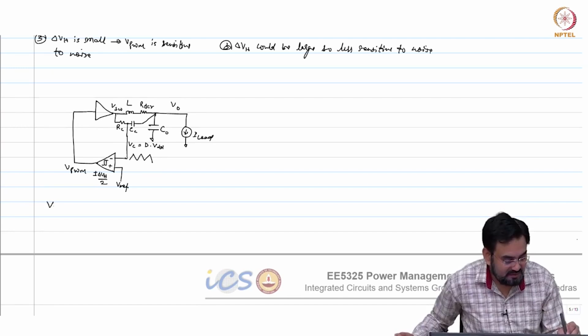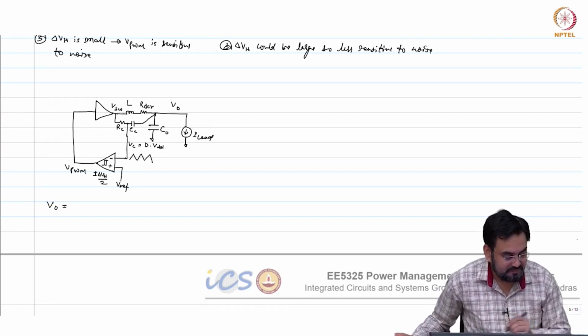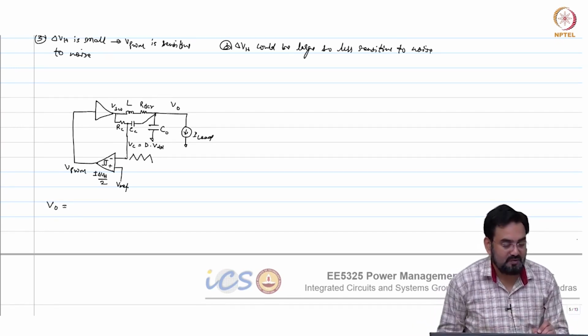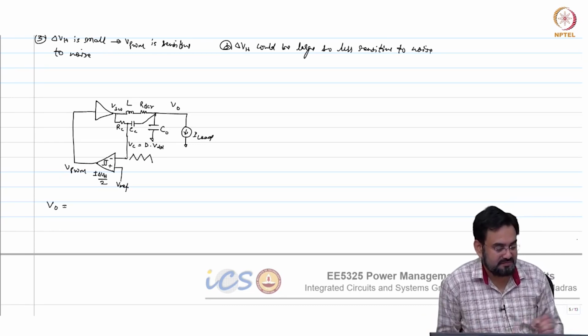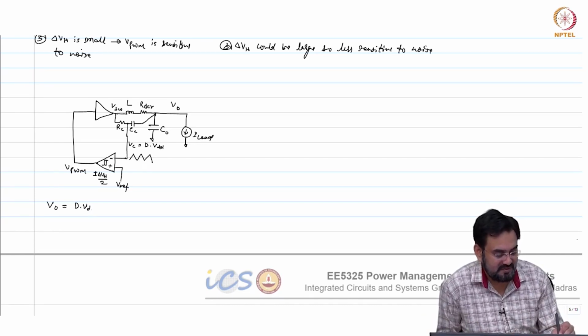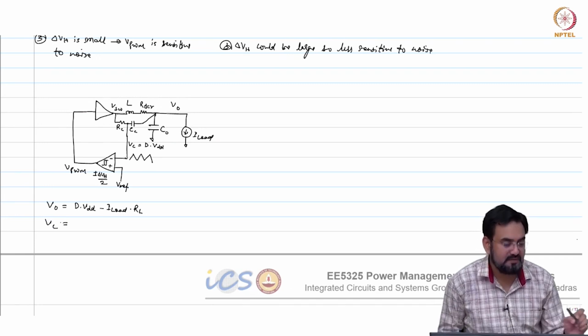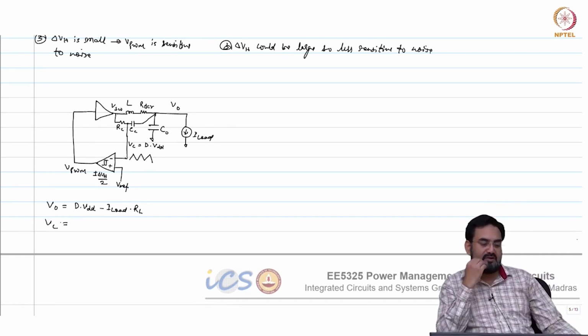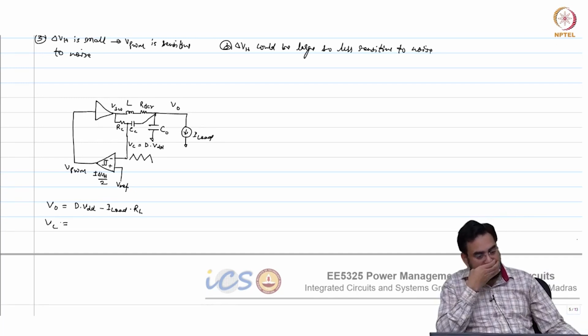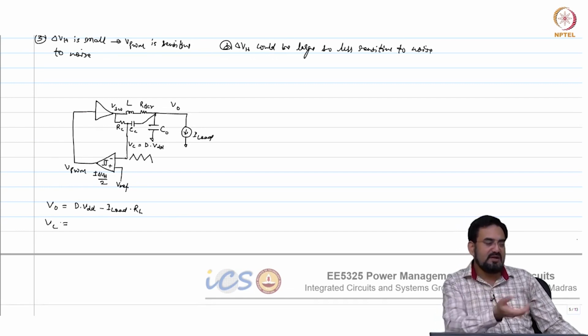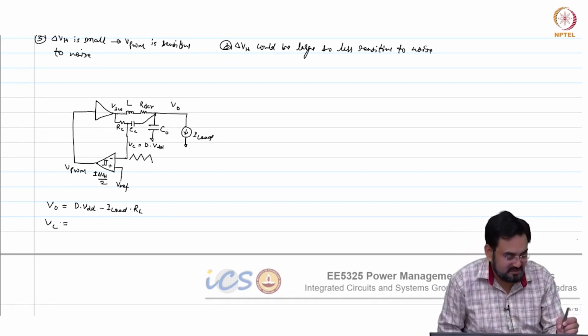What is V out? What is V out under load condition? D times VDD minus, what is VC? What is VC under load condition? It will be the same, there is no current flowing through that resistor.